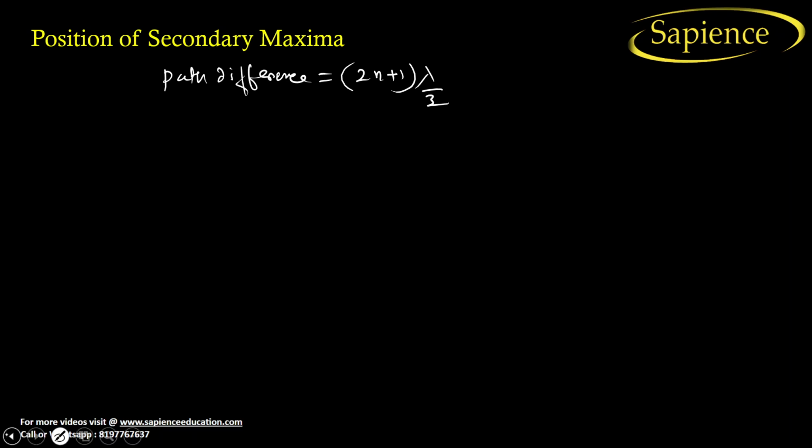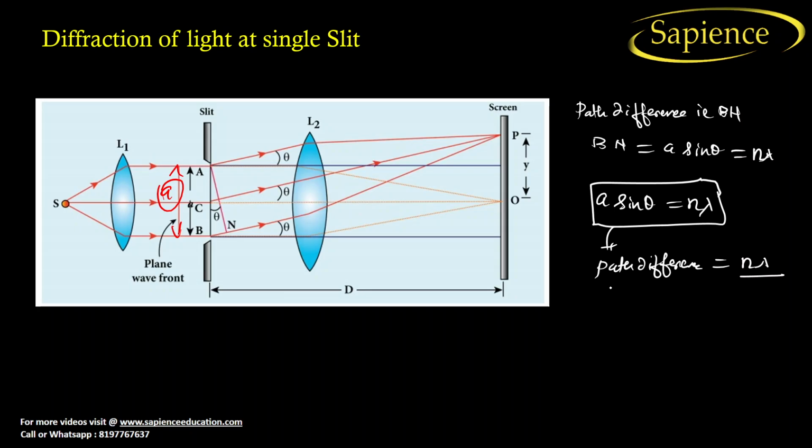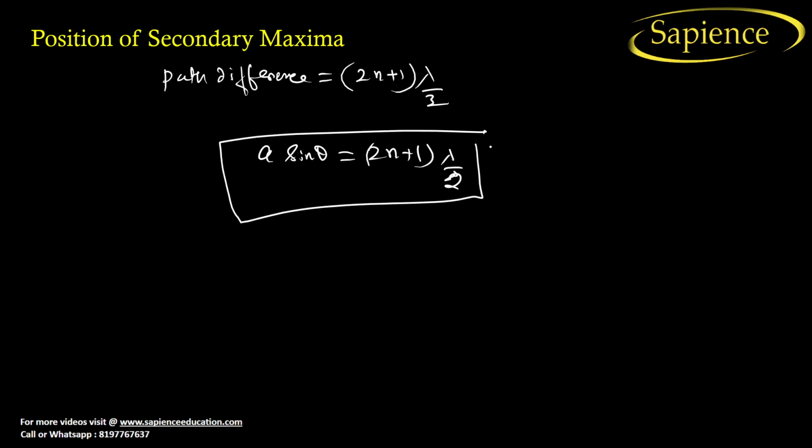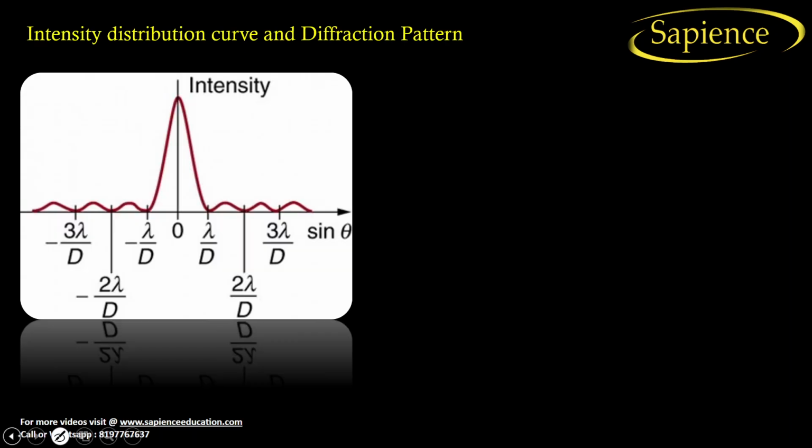But at the same time, for this diffraction pattern, the path difference is equal to a sin theta. So from here, a sin theta is equal to 2n plus 1 into lambda by 2. So this is the relation we need to understand. Okay, I hope you have understood this.